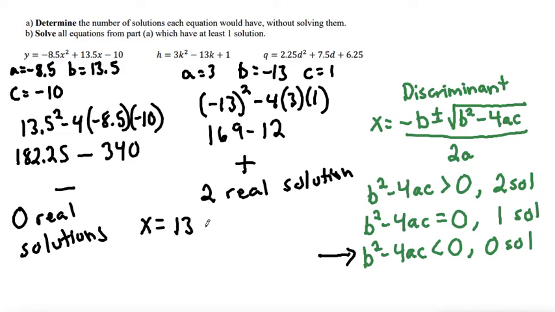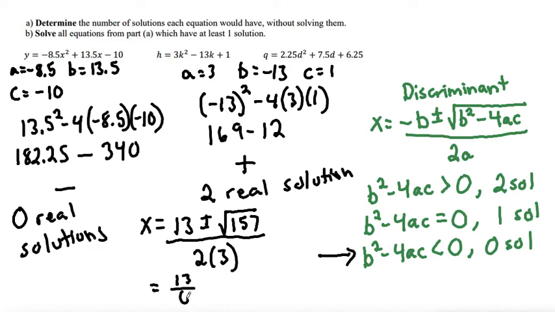So positive 13 plus or minus the square root of 157 all over 2 times 3. Simplifying, 2 times 3 is 6, and splitting it into two fractions, that would be 13 over 6 plus or minus the square root of 157 over 6. And those would be our two solutions.